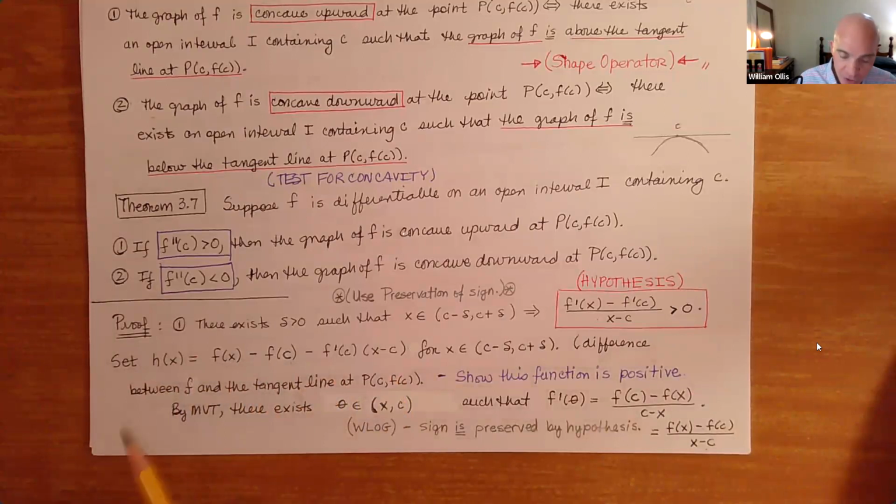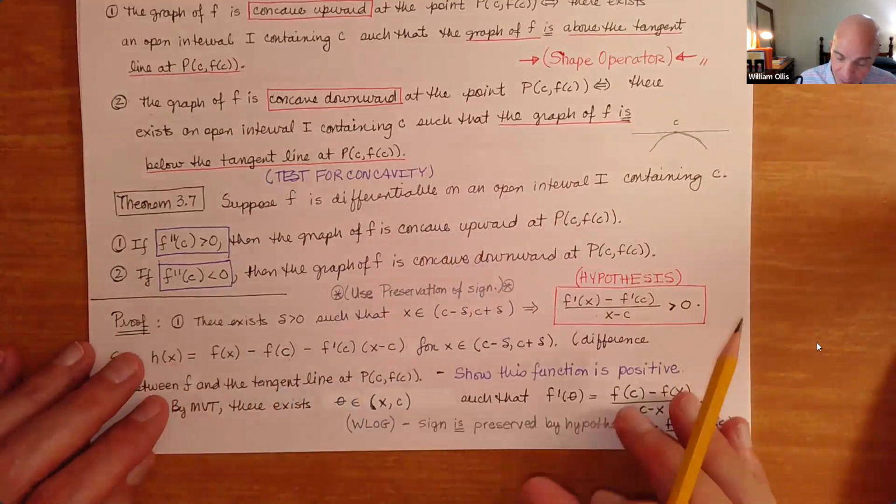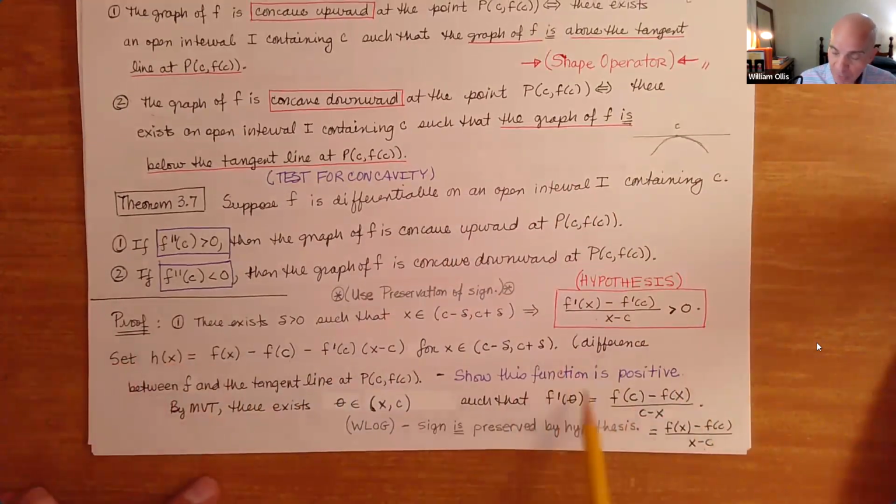And now what we can do, if we think about this, is show that this function is actually positive. That is, there is space between the curve and the tangent line, which would then give us the upward concavity that we're looking for. So in order to move this forward, we're going to use the mean value theorem.